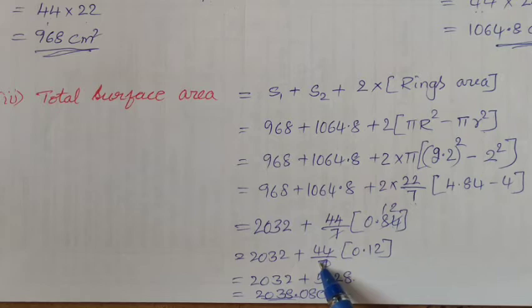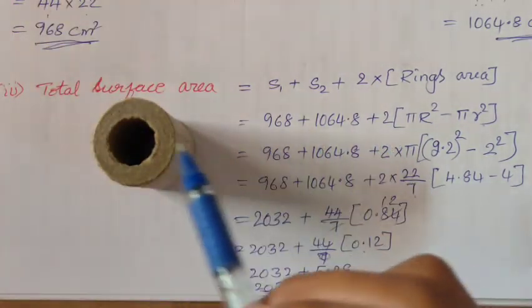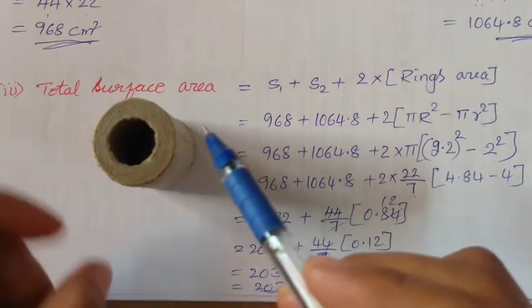Now multiply 44 into 0.12, we get 5.28. Add this to 2032, that is 2038.08 centimeter square. This is the total surface area of this cylinder, made of metal sheet.